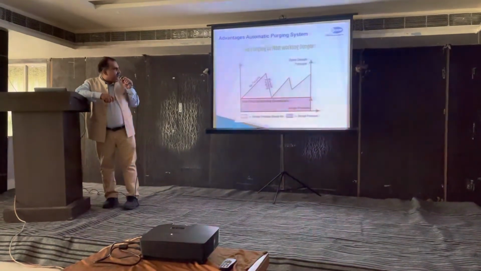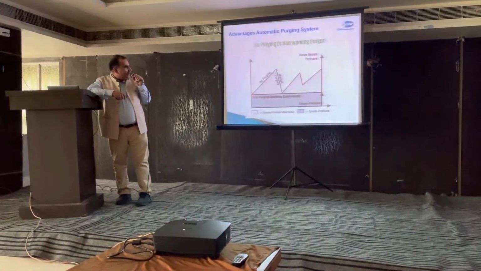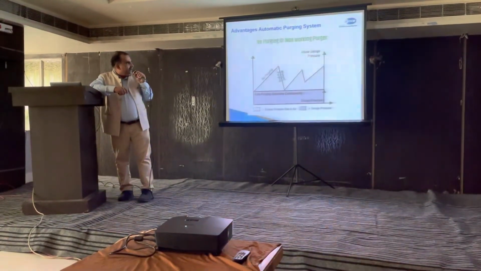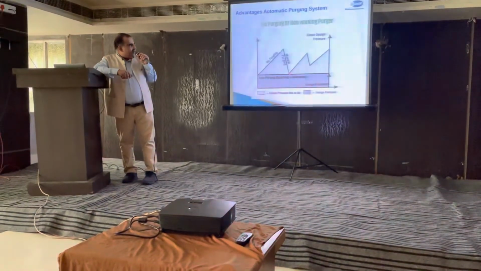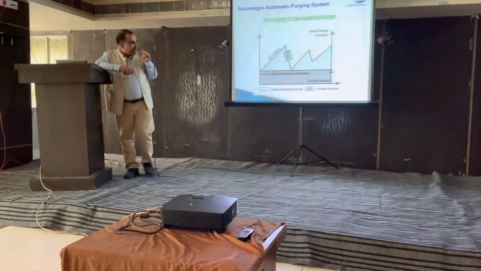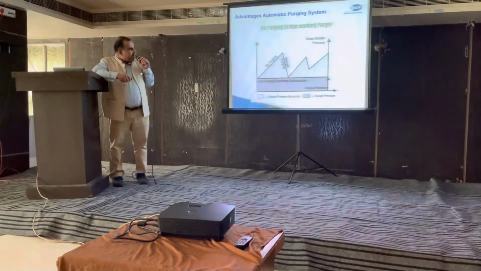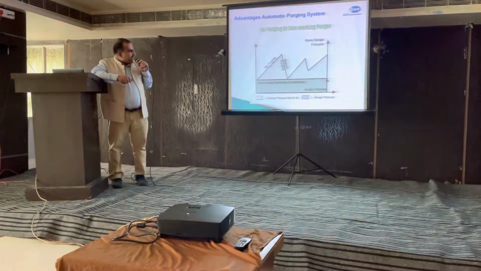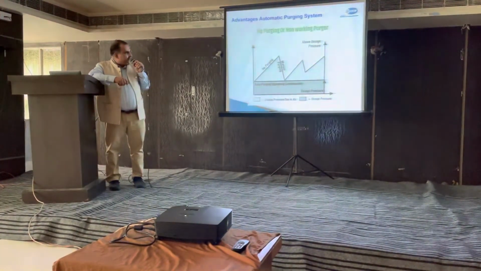This chart shows us how manual purging is done. Initially there is no air, then slowly air starts accumulating. At one point we start the manual purging. So again we come to the no air condition. But till the next time comes for purging, air is getting accumulated. So this area is actually the loss of energy or efficiency of the plant.